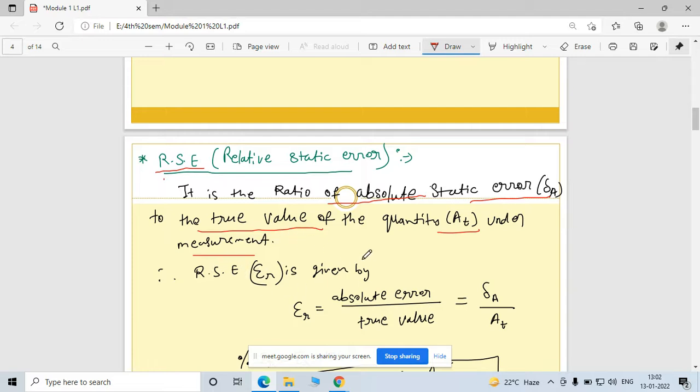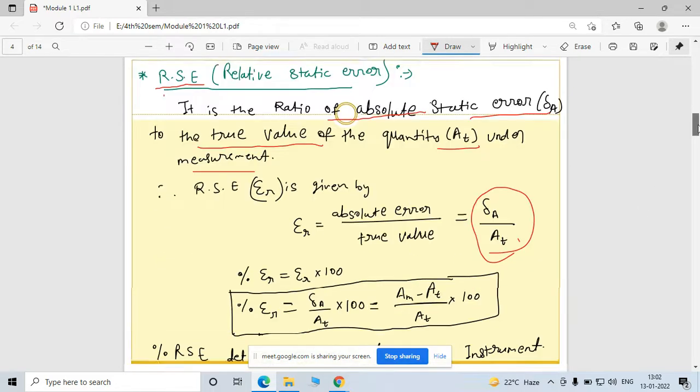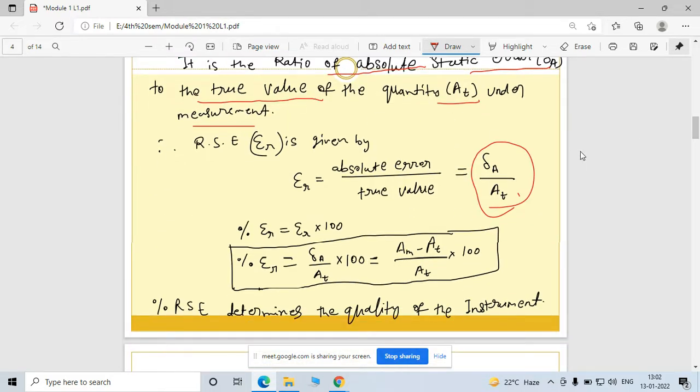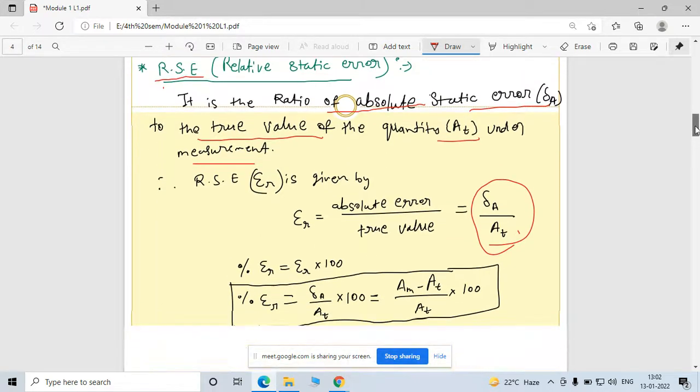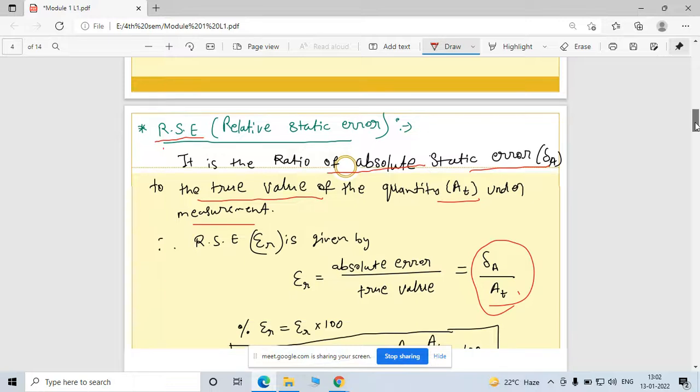The relative static error is important because it determines the quality of your instrument. By saying just this single term, you can say if your instrument is good or bad in the manner of its accuracy.